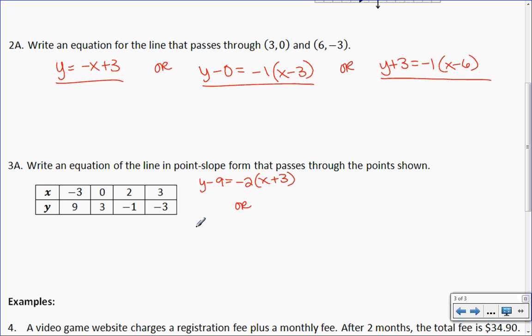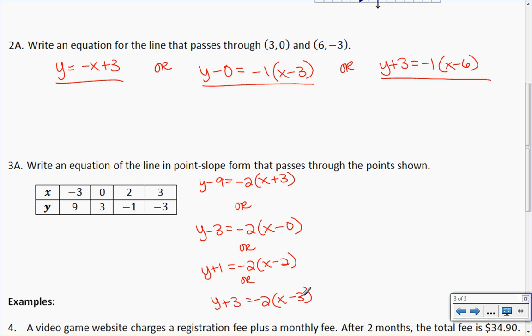Or you could have had y minus 3 equals negative 2 times x minus 0. Or y plus 1 equals negative 2 times x minus 2. Or y plus 3 equals negative 2 times x minus 3.